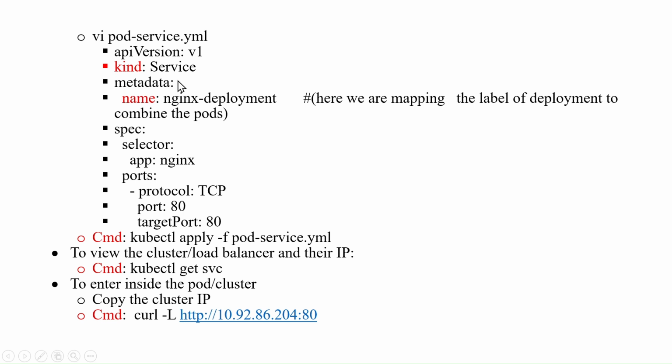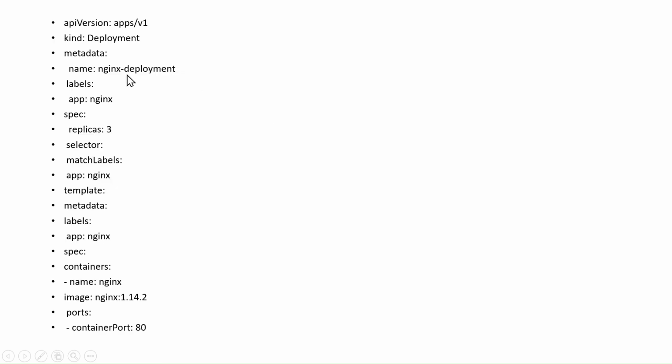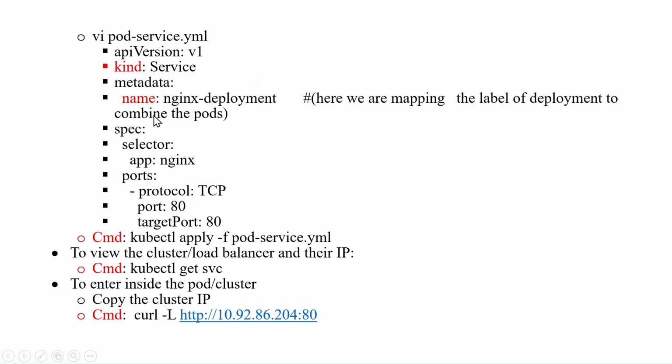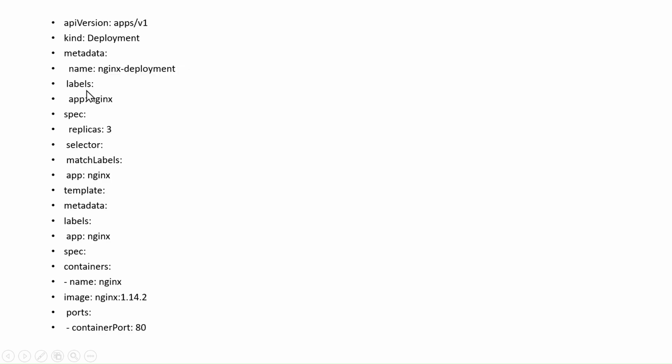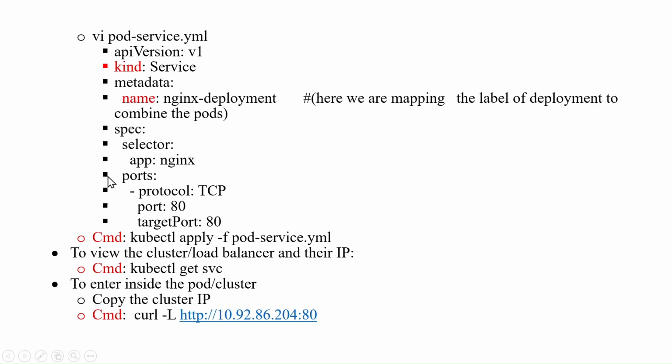In metadata I am using the nginx-deployment name, and here also I provided the same name, so it will match that specification. Selector app: nginx, that is, it's taking the information from here. Selector app: nginx.